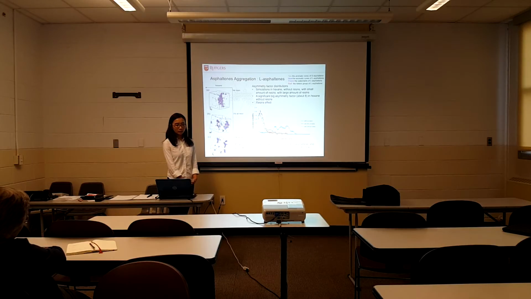We also present the asymmetry factor distribution here, and from that, when there is no resin in the system, the asymmetry factor can be as large as about 8. That means the structure of these aggregates is elongated and is not spherical.